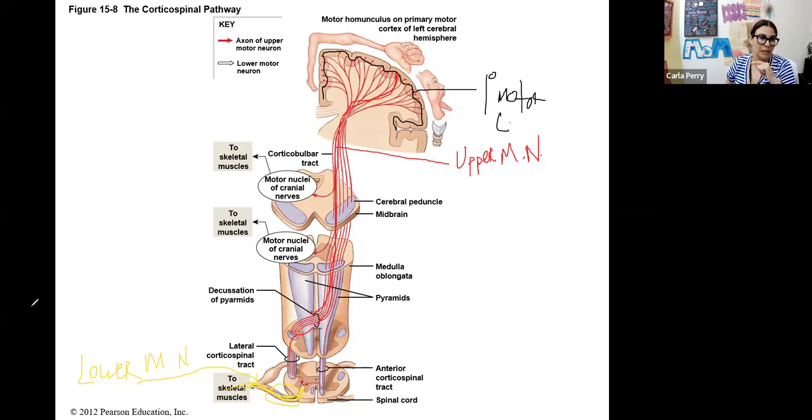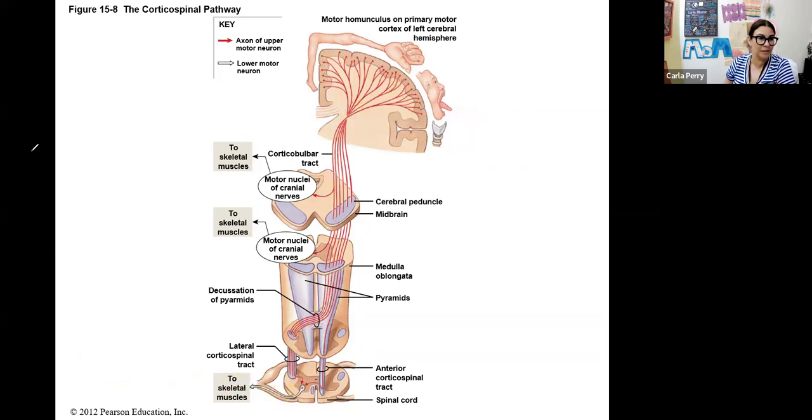So let's review one more time before I end this video. All right, so first we have this area of the cortex, this gyrus, right? Remember, a gyrus is a bump in the cerebral cortex. This is called the primary motor cortex, right? The primary motor cortex is the area where the upper motor neurons arise.